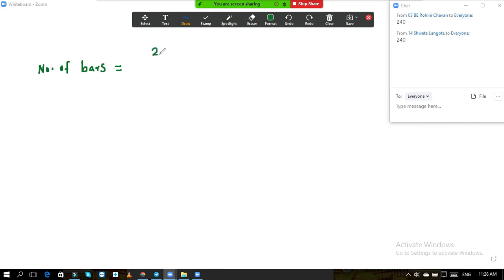So it is 240 divided by pi by 4 into 8 square. So we will get the number of bars, 4.77, which is nearly equal to 5 numbers. 5 bars we are going to provide.